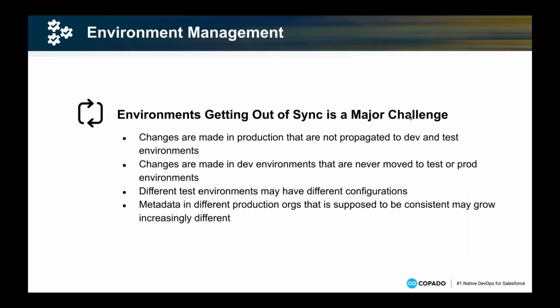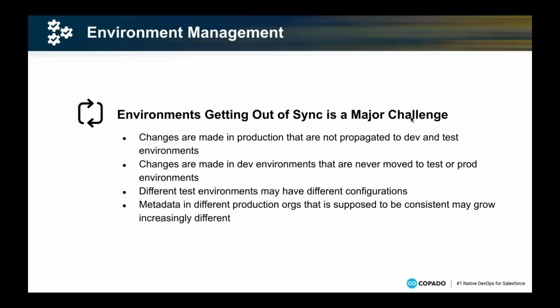One of the main challenges that I've seen across companies of all sizes is the challenge with environment management. Now, we know we've got different sandboxes and test environments. Maybe now you've got scratch orgs, but environments getting out of sync is a major challenge, and it goes in lots of different directions, but sometimes there need to be changes made directly in production.